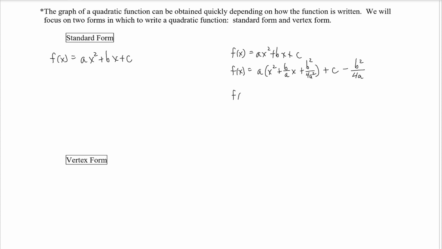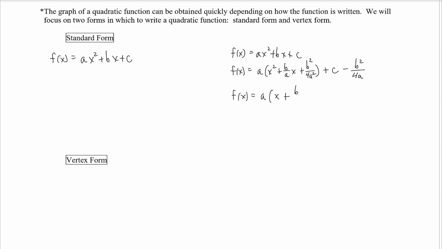So now I can write this as x, and then we want to factor this here. So we need to figure out what multiplies together to get that. Let's see, what times itself gives us this.